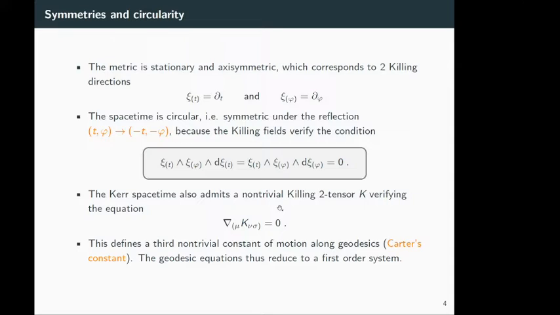One symmetry is a reflection of the coordinate, a discrete transformation, and the other is just some constraint on the Killing vectors. I don't see the relation. Okay. Well, if these two relations are satisfied, it tells you that there exists a coordinate system that actually exhibits this symmetry, but it's not so clear.